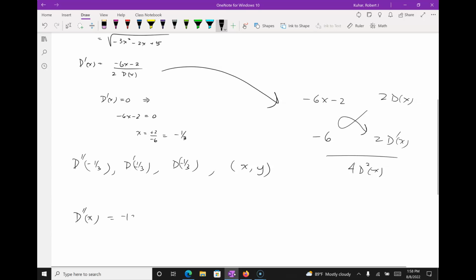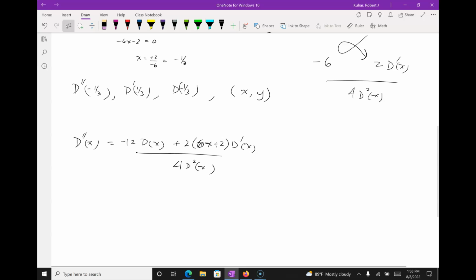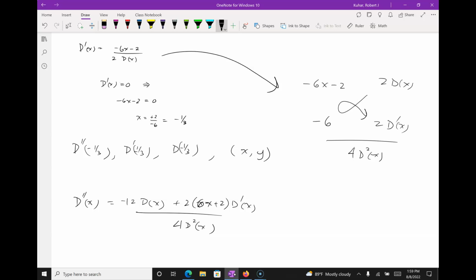So I get negative 12 d of x plus 2 times 6x minus 2, plus 2, sorry, d prime of x all over 4d squared of x. Yeah, I did. I factored out the negative and canceled it. Yep. So this one gets the negative.